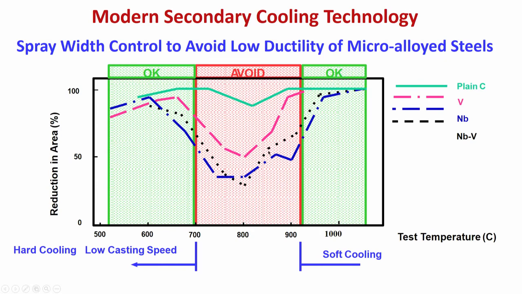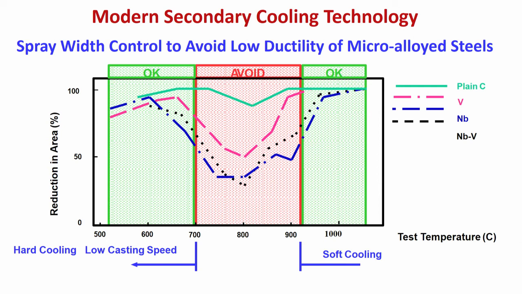But if the reduction in area is less than 50%, then we have to be careful. In the temperature range of 750 to 850, the reduction in area is quite low, lower than 50%. That is why these microalloy steels are very difficult to cast, and they are prone to crack formation.